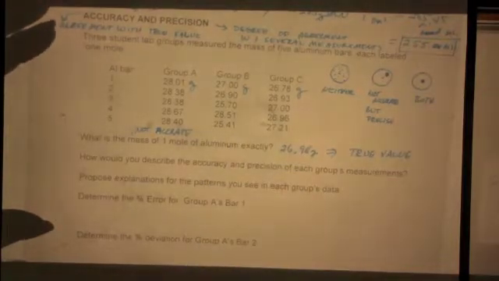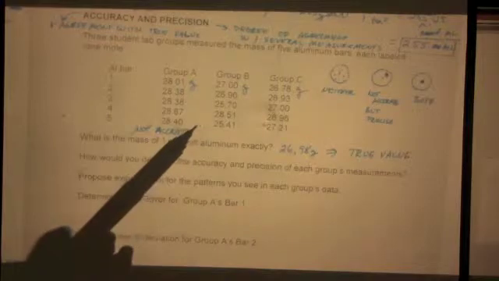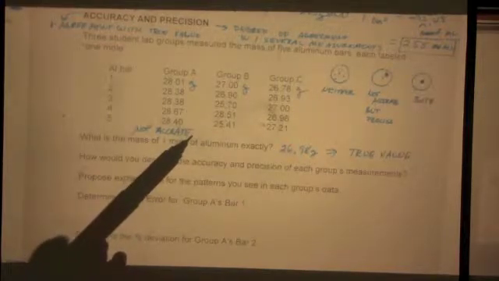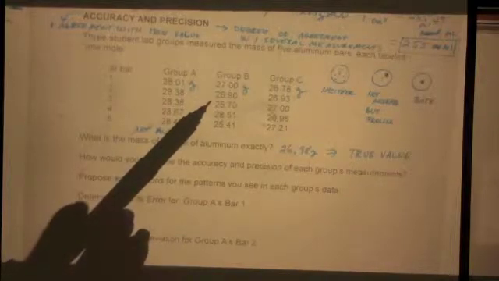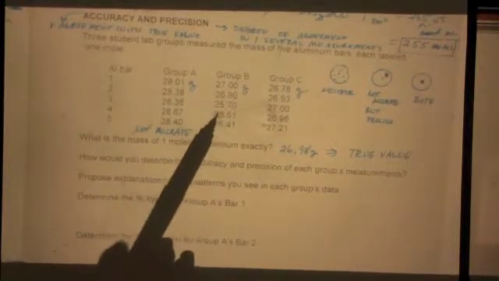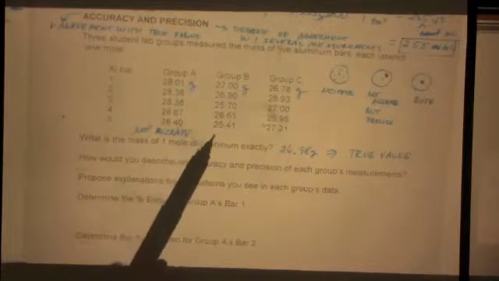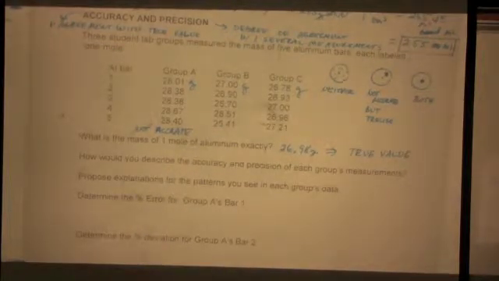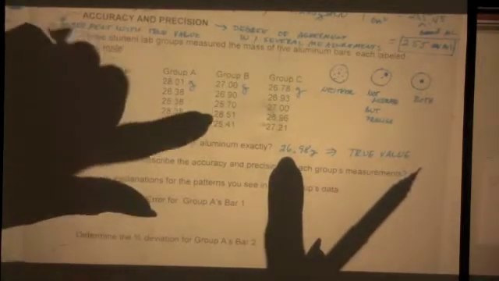How about group B? What do you think looking at it? Yeah, they're kind of going all over the place. We've got 27, 26.9. That's not too far off. But there's a 25 and then up to a 28. Are they all close to the 26.98?